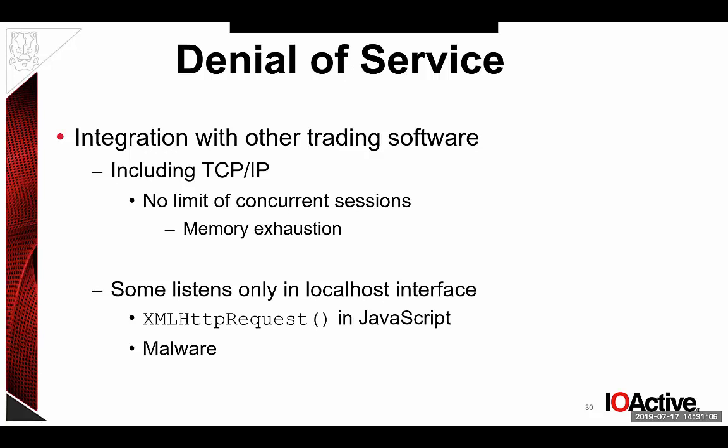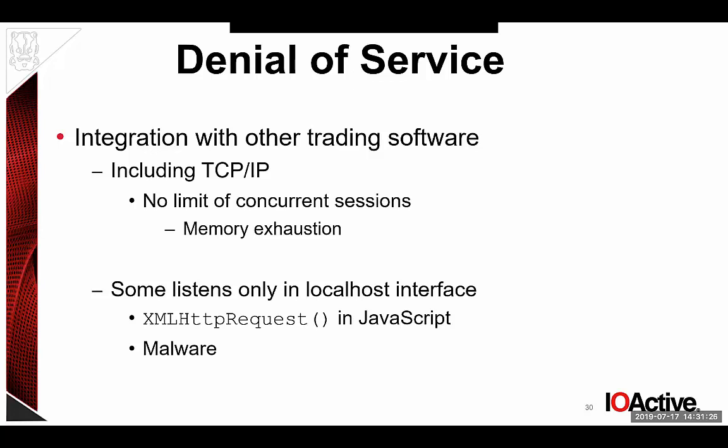We have half an hour left. I'm gonna go as quick as possible. This is another problem, denial of service. Availability is the most important thing in trading software, because if you don't have your application right in time when you need it, you might lose opportunities to buy or to sell securities, right?